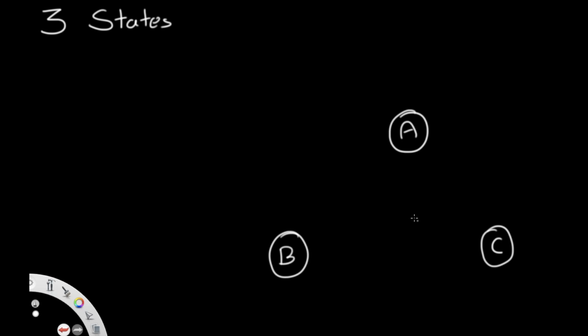So let's just start off with state A. Now I'm going to call this a cooldown state. Once you're inside of the cooldown state, you can stay in here as long as you want to. What is happening in this cooldown state is you have sold a stock, and you're waiting to buy a stock.